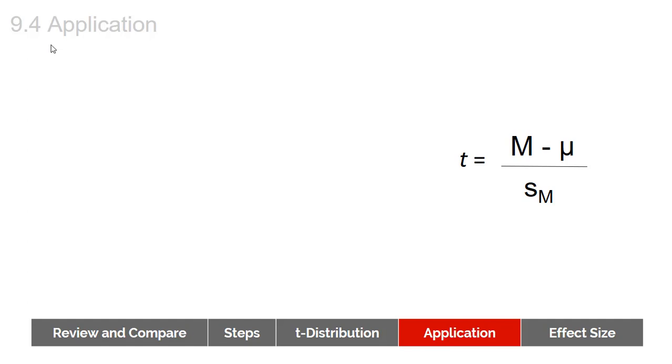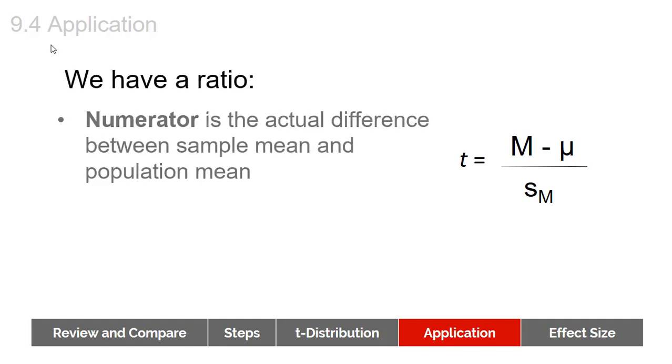So when we are talking about the t formula, it is, as a reminder, the mean of our sample minus the mean of the population divided by the estimated standard error of the mean. So we have a ratio. The numerator, again, this is review, is the actual difference between our sample mean and the population mean.